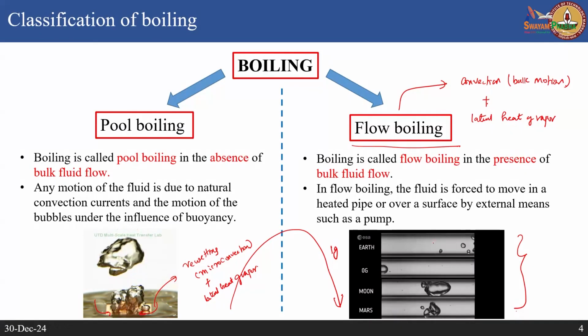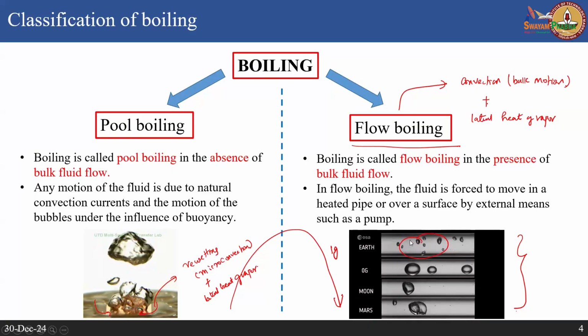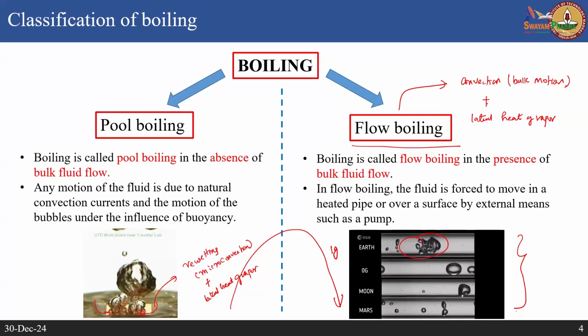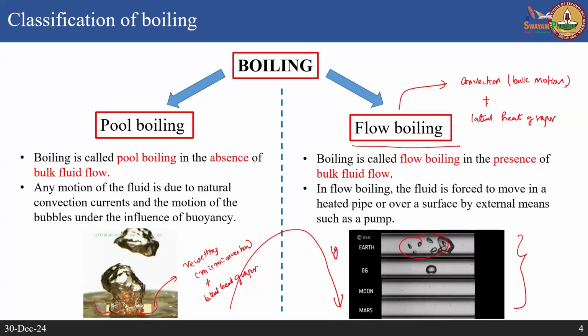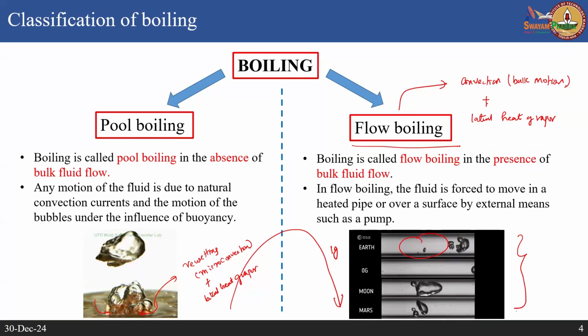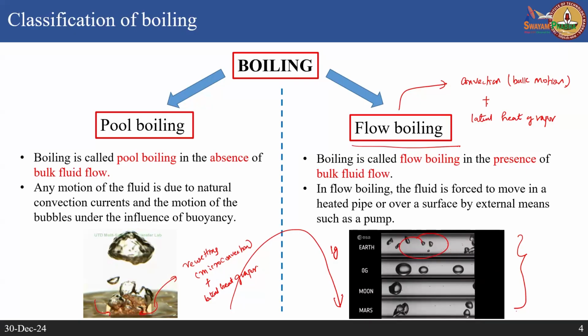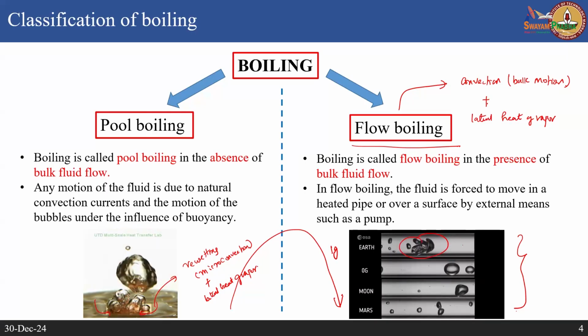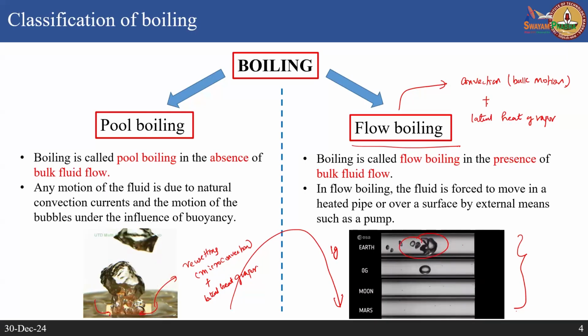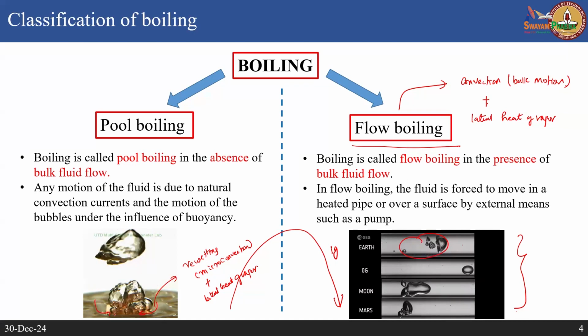This is the kind of bubbles you see at 1 g. These bubbles are nucleating and going up, followed by some smaller bubbles at the back. Now, once you go to 0 g, what happens is completely different in the boiling process. In pool boiling, bubbles nucleate, grow, and then detach.